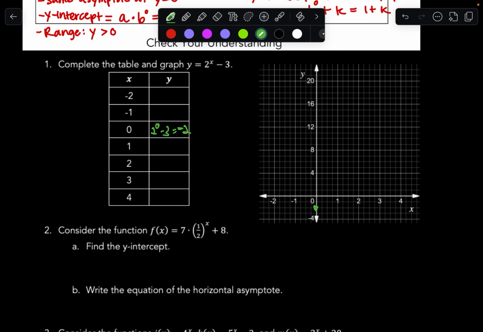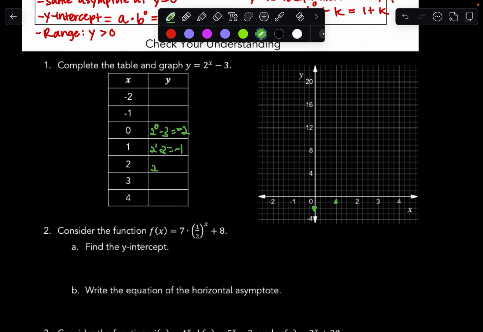When x is 1, that is going to be 2 to the first minus 3, which is 2 minus 3, which is negative 1. So when x is 1, we're at negative 1. When x is 2, we're at 2 squared minus 3. 2 squared is 4, minus 3 is 1.